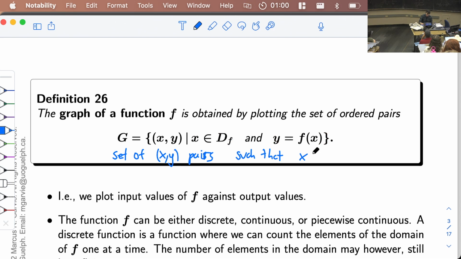So x is an input, and y equals f of x is the output for input x.